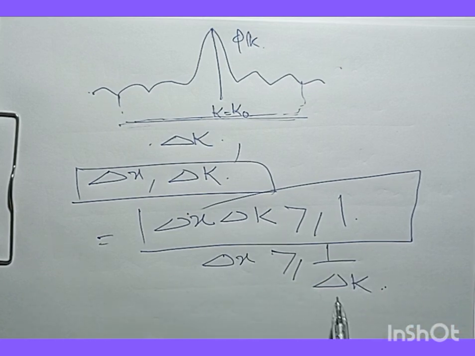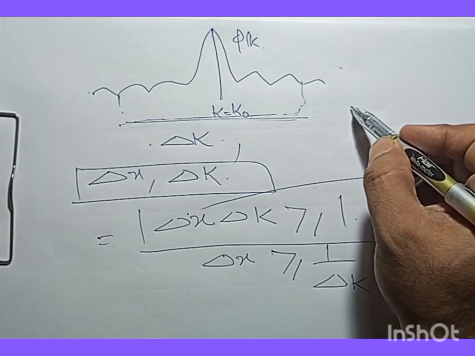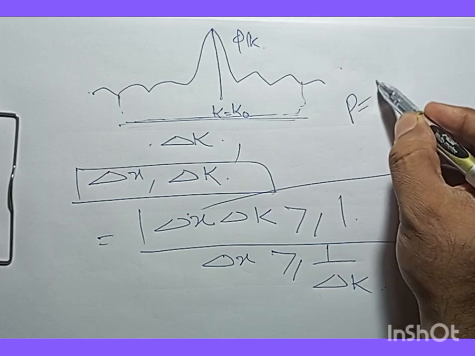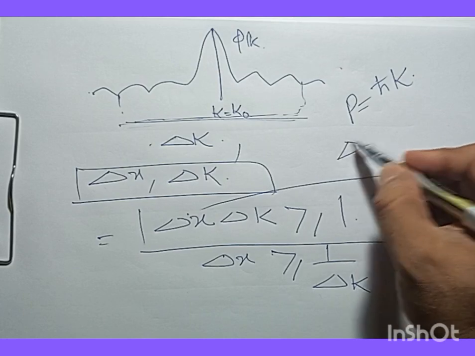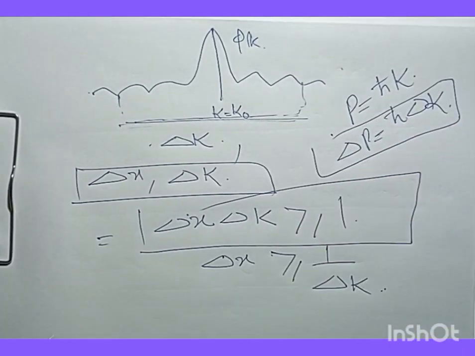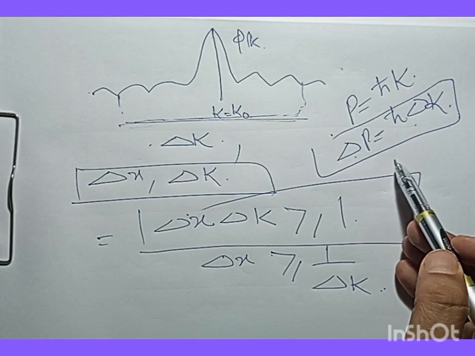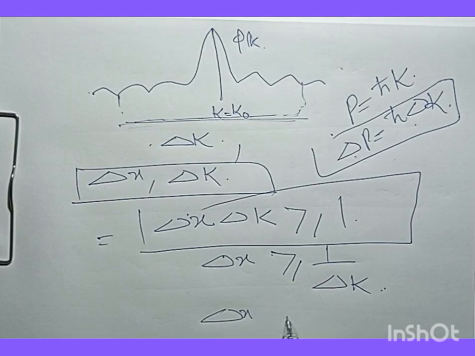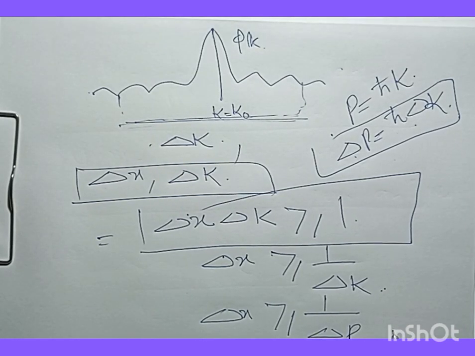And at the same time, we can think of momentum, and momentum is h cross k. So this delta p can be written as h cross delta k. So I can use for delta k here delta p by h cross. So this delta x is greater than or equal to 1 by delta p by h cross.